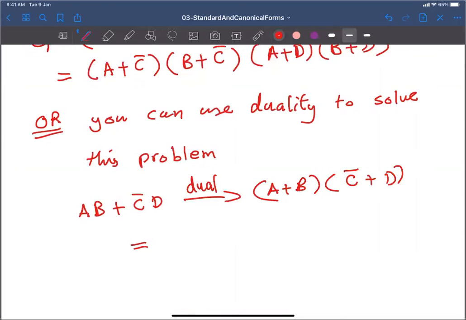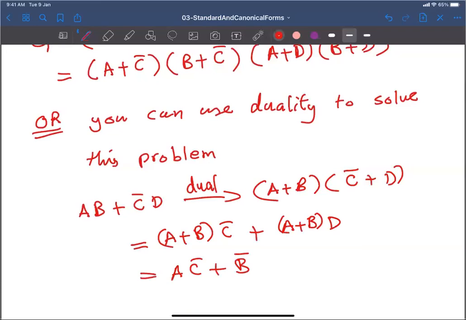It's going to be A or B into C complement, ORed with A or B into D. And this is going to be equal to A C complement, ORed with B C complement, ORed with AD, ORed with BD.